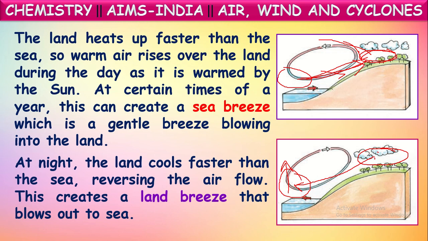As these cool breezes are coming from the land to the sea, they are called land breezes. This blows out to the sea as low pressure is created here. In this way, sea breezes and land breezes are caused because of the temperature difference and the air pressure difference.